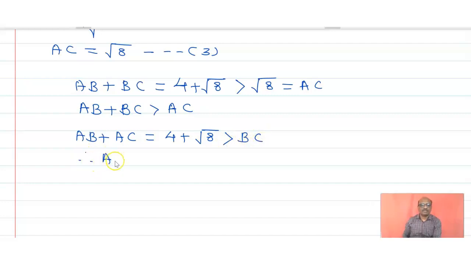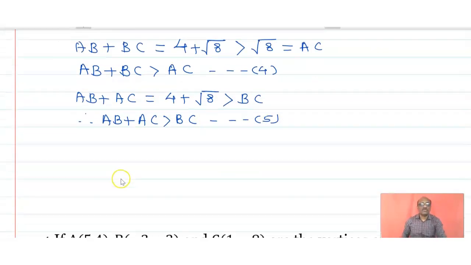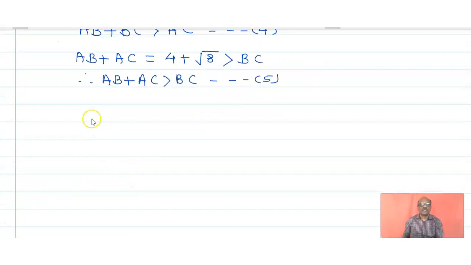Therefore, AB plus AC is greater than BC. Fourth one, fifth one. Okay, and also what is the last? Also AC plus BC is greater than AB. This is the sixth one.